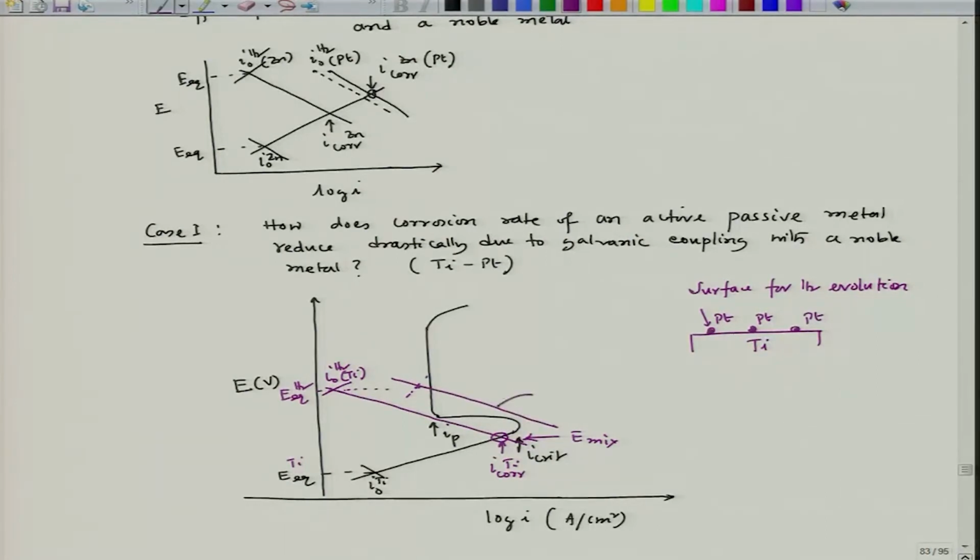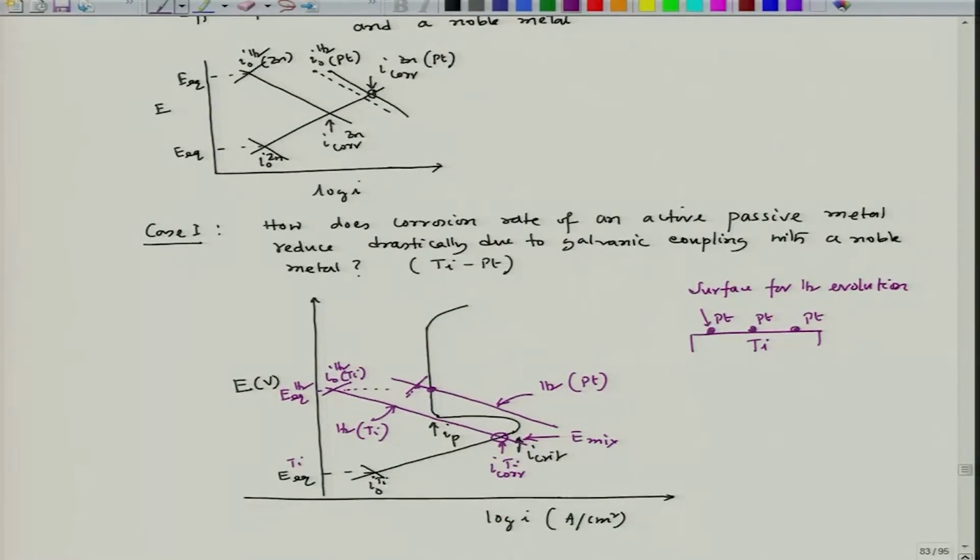This is the hydrogen evolution on platinum surface, and this particular thing is hydrogen evolution on titanium surface. So, the mixed potential now falls on this particular section.